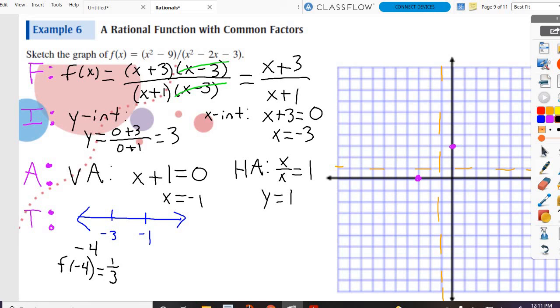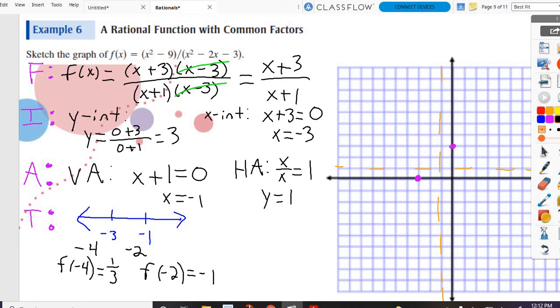And then what's the number that's in between -3 and -1? Or -2. So if we plug in -2, we would have -2 plus 3 gives us 1. -2 plus 1 gives us -1, so we get -1.